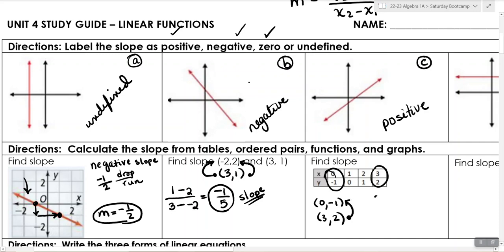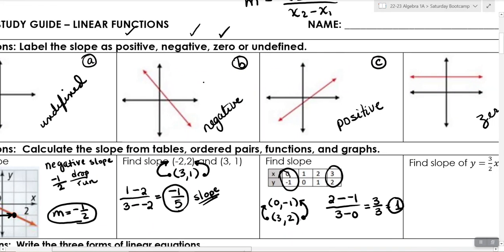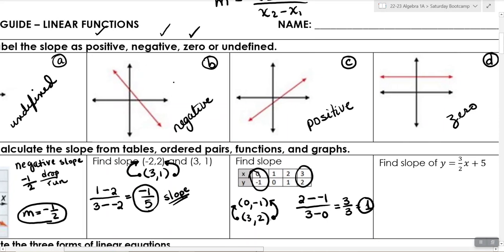So 2 subtract -1, and then 3 subtract 0. So that's 3 over 3, so that equals +1. So what all these different types is telling you is to be ready to calculate the slope depending on the situation.